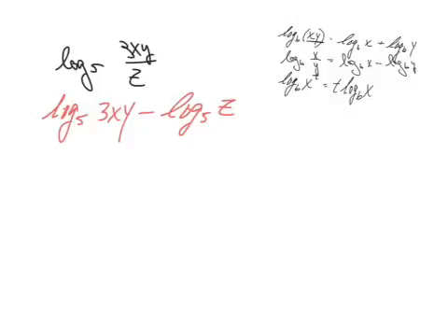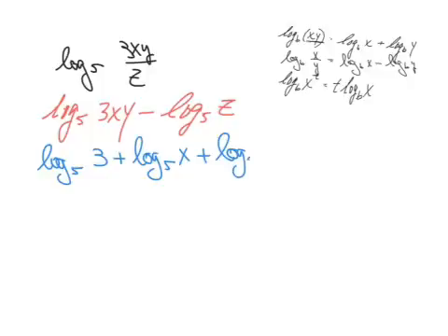But what I would like for you to notice here is we have a 3xy right there. We have multiplication there. And what does multiplication mean? It means add. So we're going to do the same thing that we just did. So log 5 of 3, so see what I did?